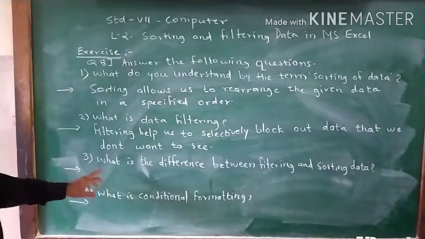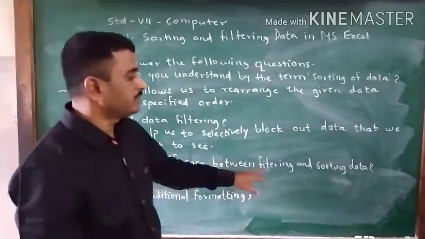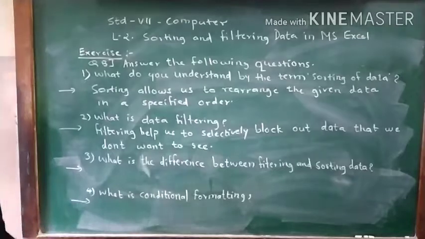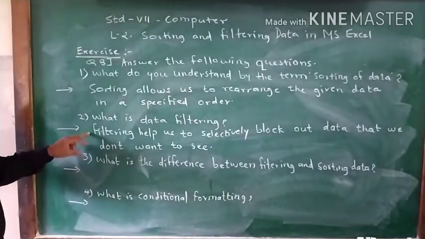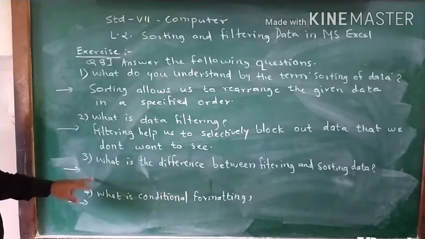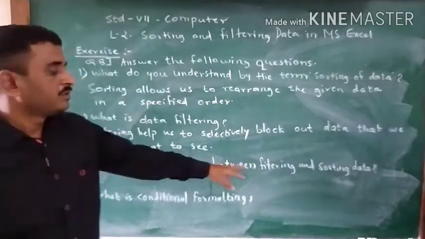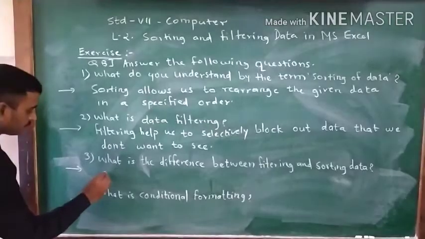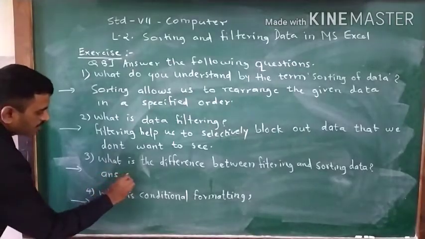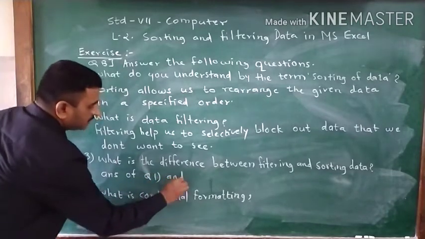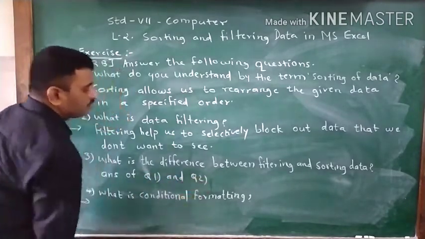Now the third question is, what is the difference between filtering and sorting? We have the answers. The filtering answer is here and the sorting answer is here. So we can write both the answers as the difference between filtering and sorting. So we can write here the answer of question 1 and question 2.